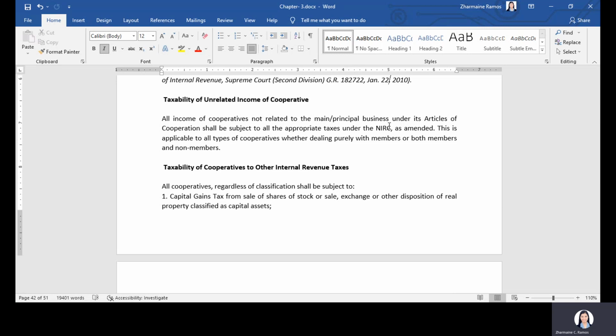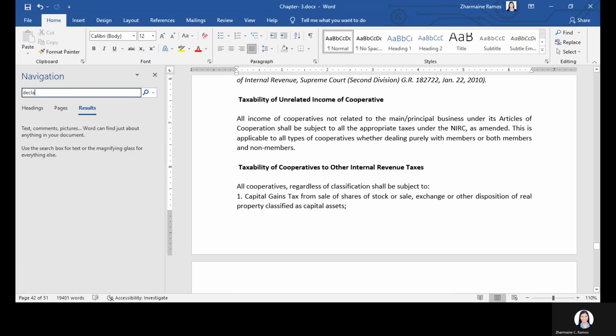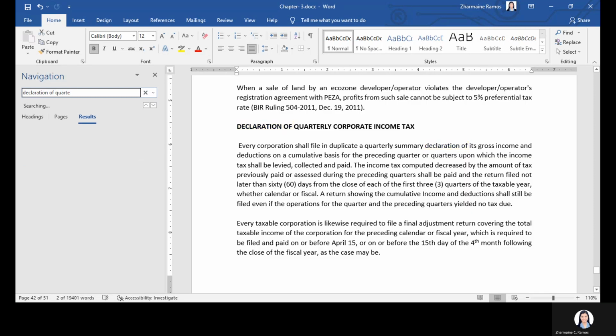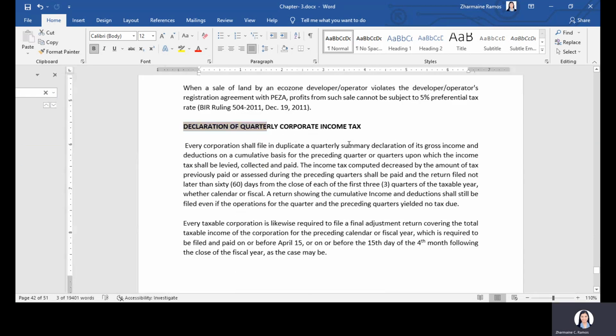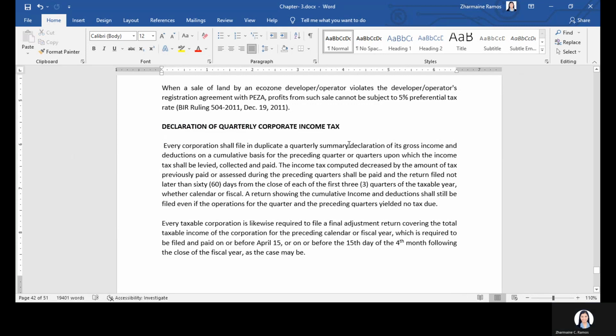So, let's discuss na yung declaration of quarterly corporate income. So, every corporation shall file in duplicate a quarterly summary declaration. So, ano ba yung quarterly?